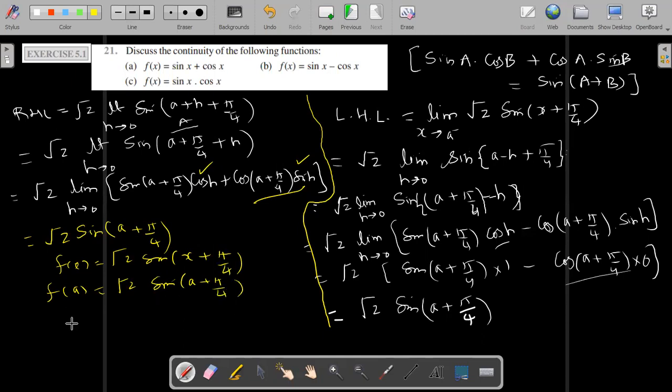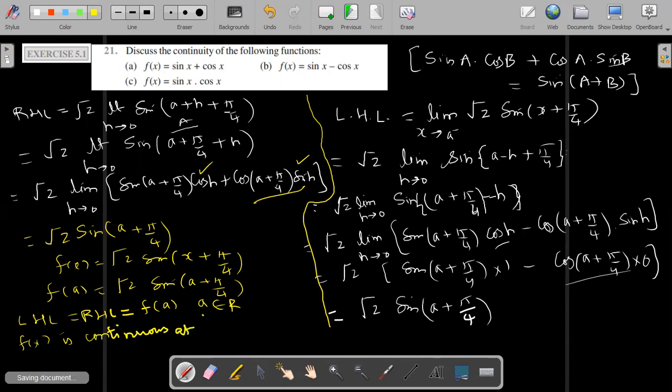So at every real point, the left hand limit is equal to the right hand limit is equal to the value of the function at point a, where a belongs to any real. Therefore, f(x) is continuous at all points.